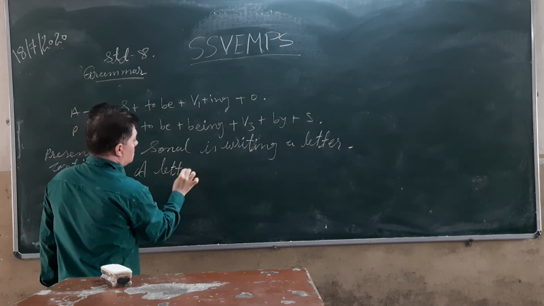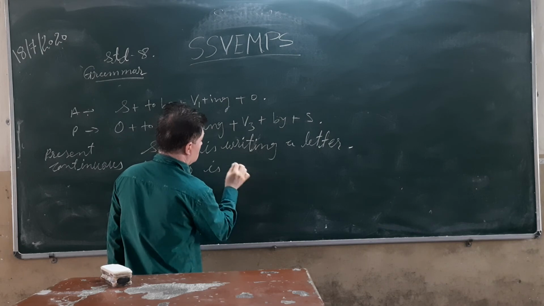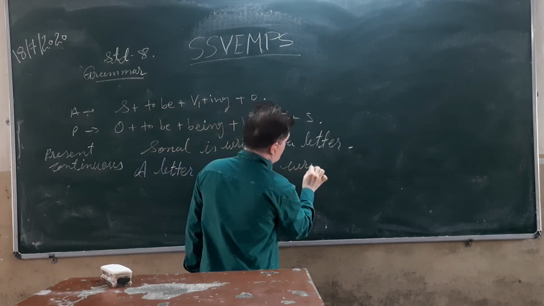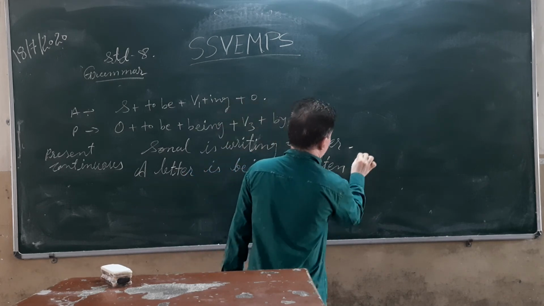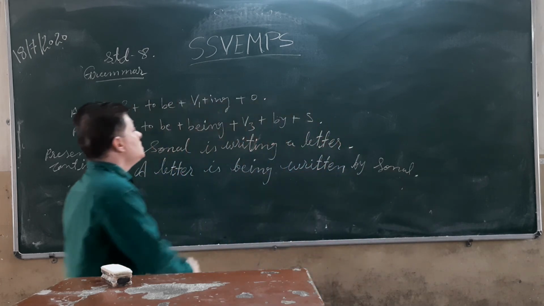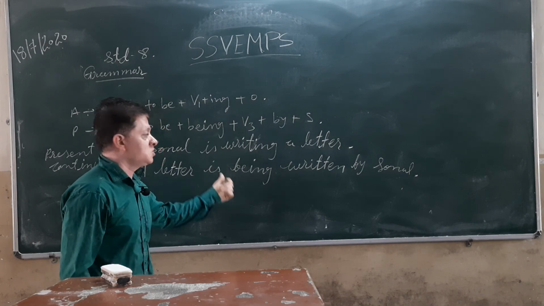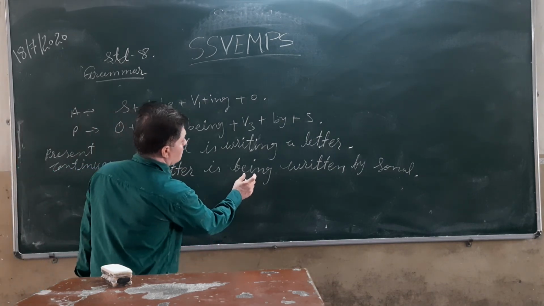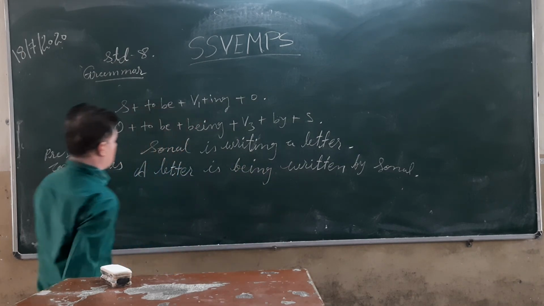So a letter is being written by Sonal. Letter is being written by Sonal. So we have to put being as a helping word, a form of the to be verb, and we have to turn the ing form into the V3 form.